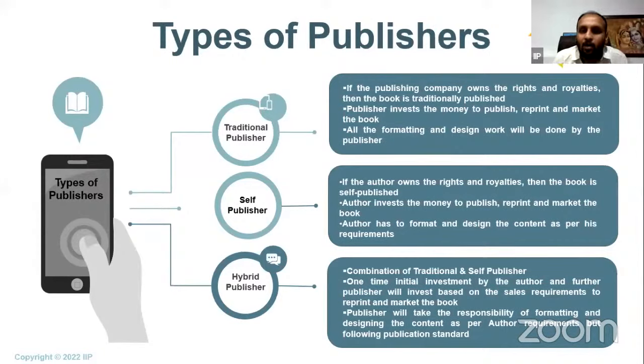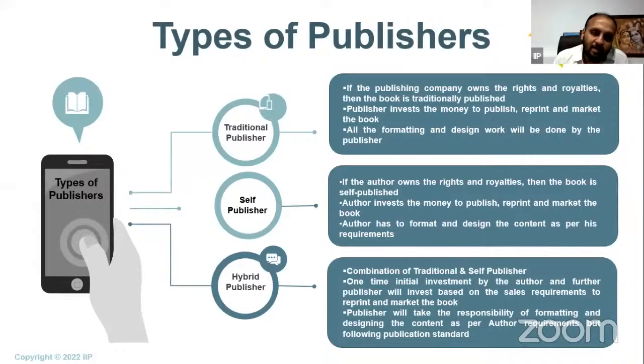Everything will be held by the publishing company, and the publisher invests the money to publish, reprint and market the book. Here, the author will not invest any amount, and all the formatting and design work, complete responsibility, will be handled by the publisher itself.